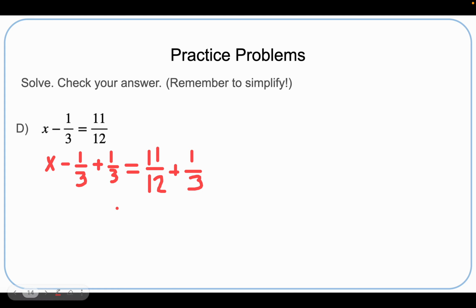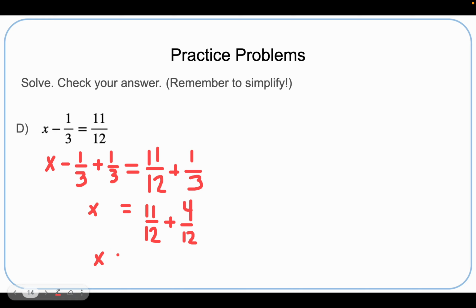Then we simplify. On the left side of our equation, we're left with x. And then we need common denominators to add these fractions. Our common denominator is going to be 12. So that would leave us with 4/12. And then we'll simplify again.